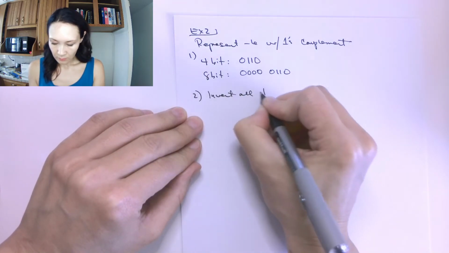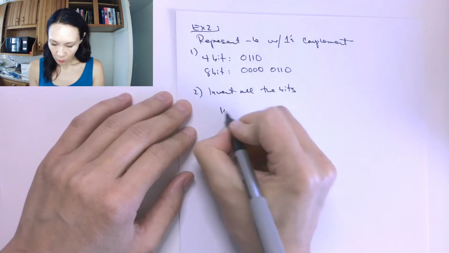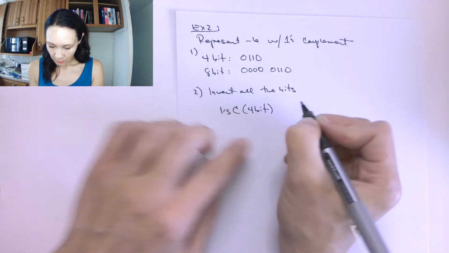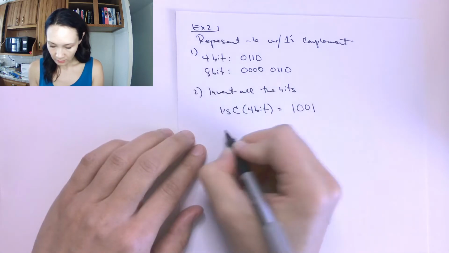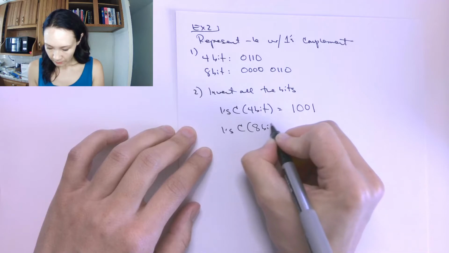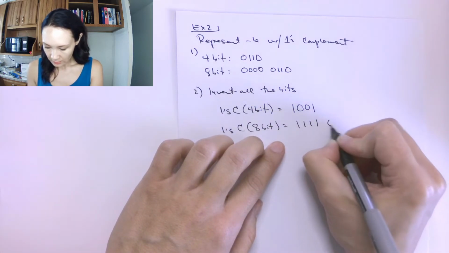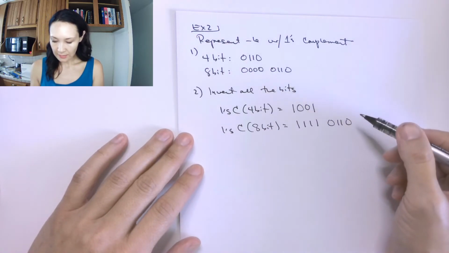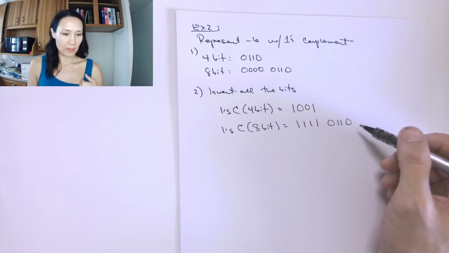Okay, that's the definition of ones complement. So the ones complement of the 4-bit representation is going to be 1001. The ones complement of the 8-bit representation is going to be 11110110.